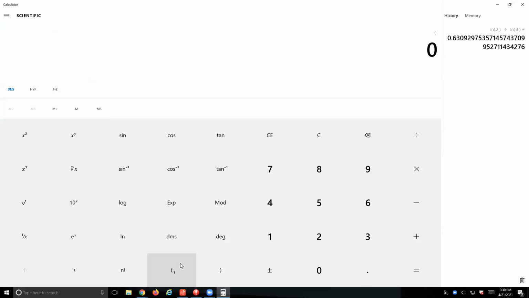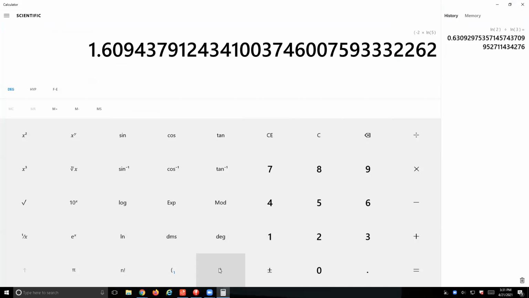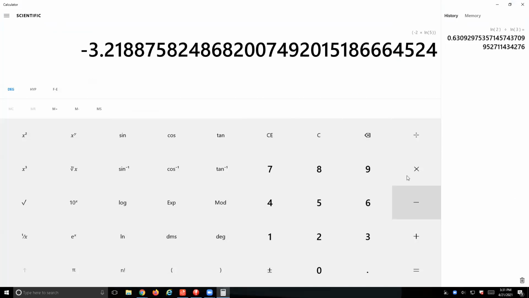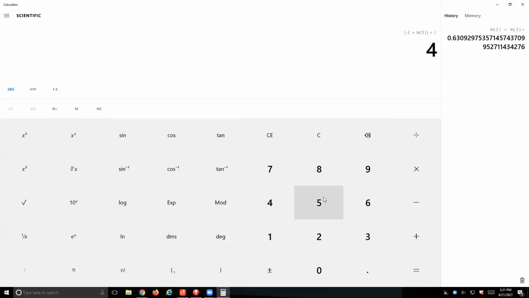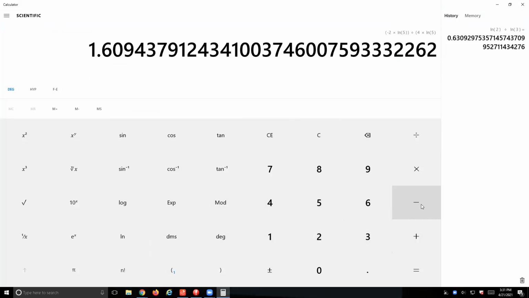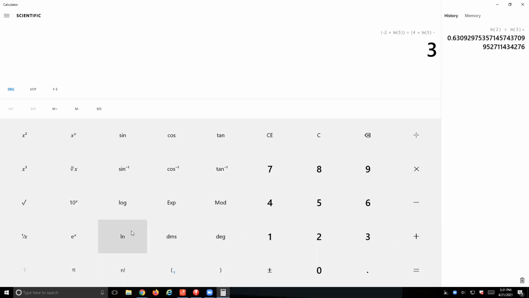So on the top, we have negative 2 ln 5 times ln 5, divided by 4 times ln 5 minus ln 3.